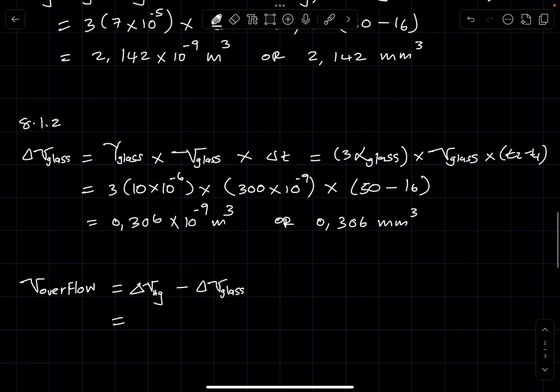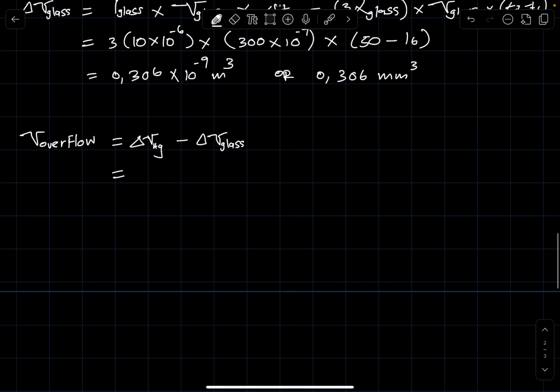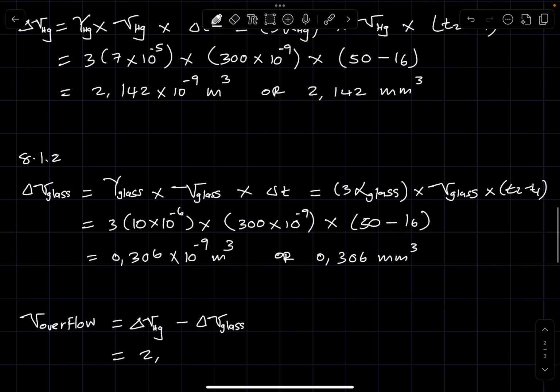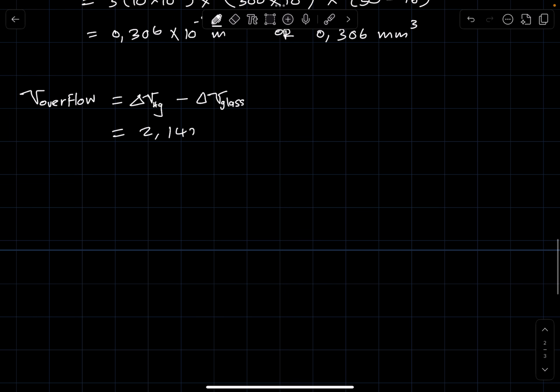So you take the first value, 2,142, minus 0.306.